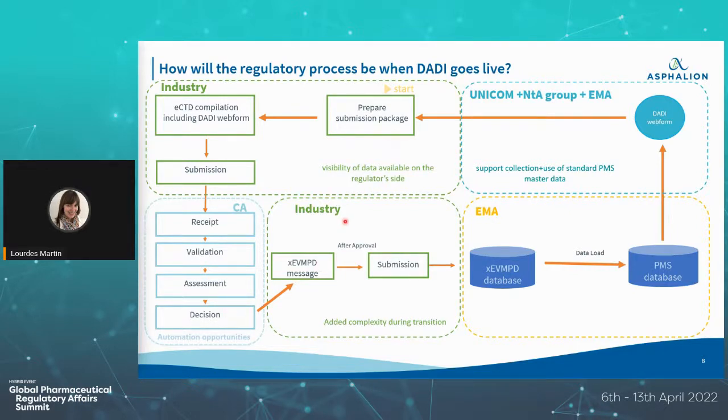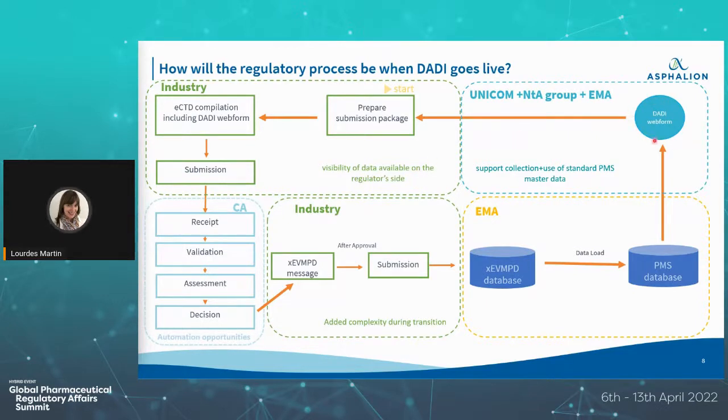And then we have to remember that the industry will still have to submit this XEVMPD message to the EMA to be compliant. If we look at the impact and what opportunities there are, we can see that the industry now has visibility of the data that is available on the regulator side that we didn't have before.